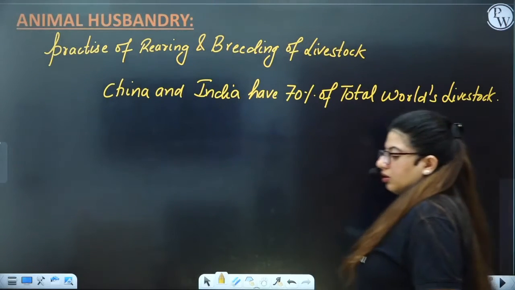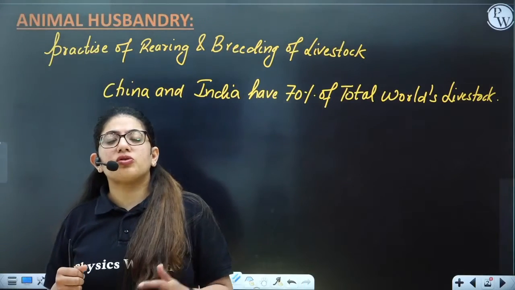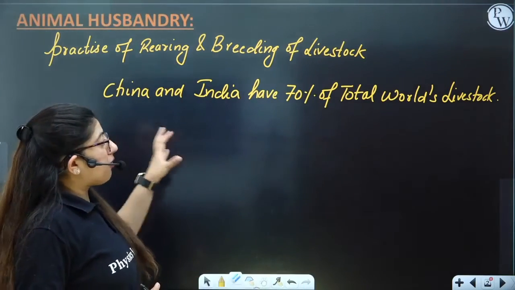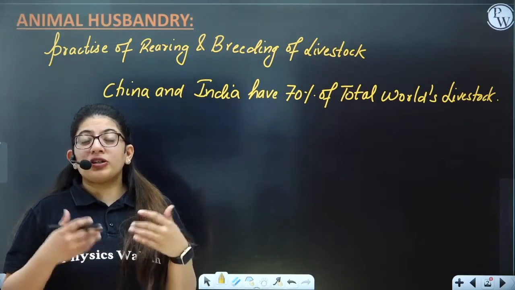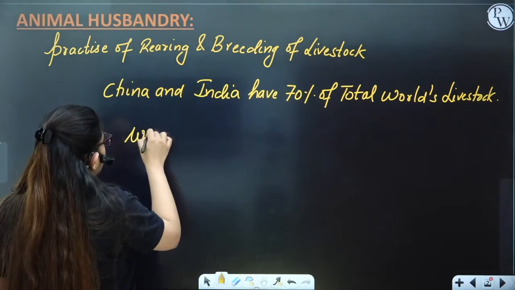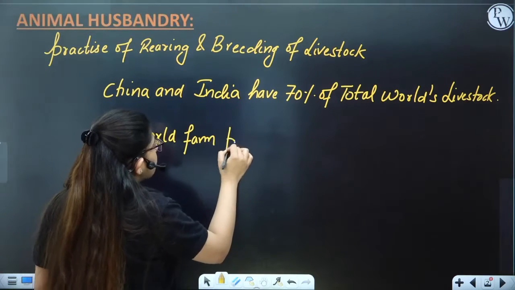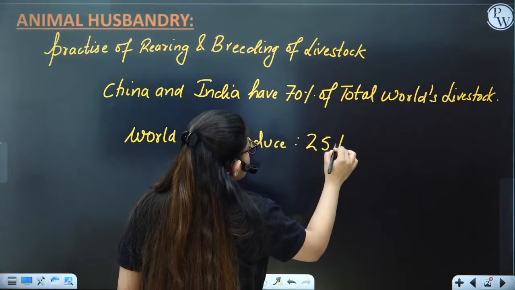But how much do they contribute to the world farm produce? Just 25%. What is the world farm produce? That means what these organisms are producing. That contribution is around 25%.